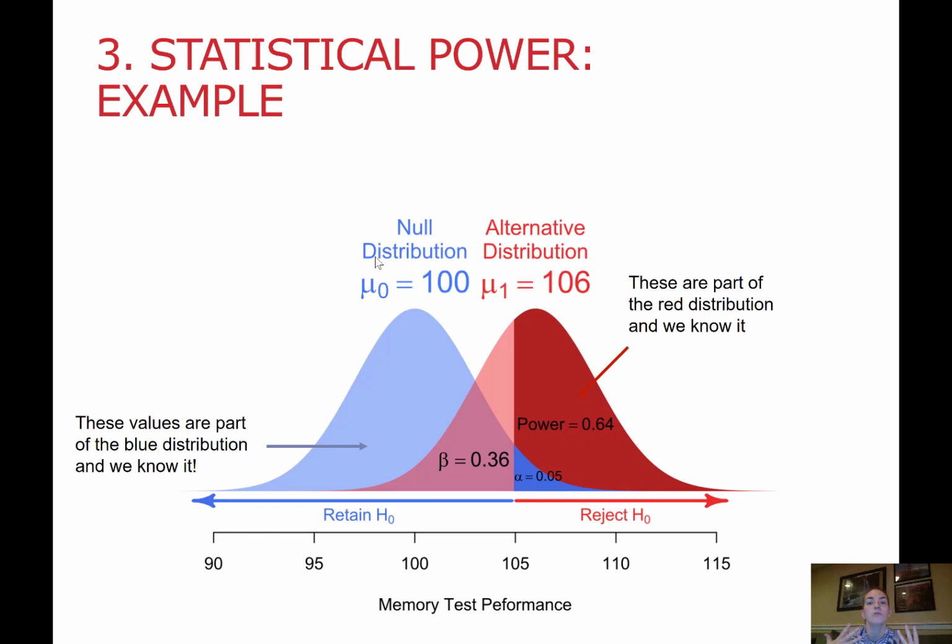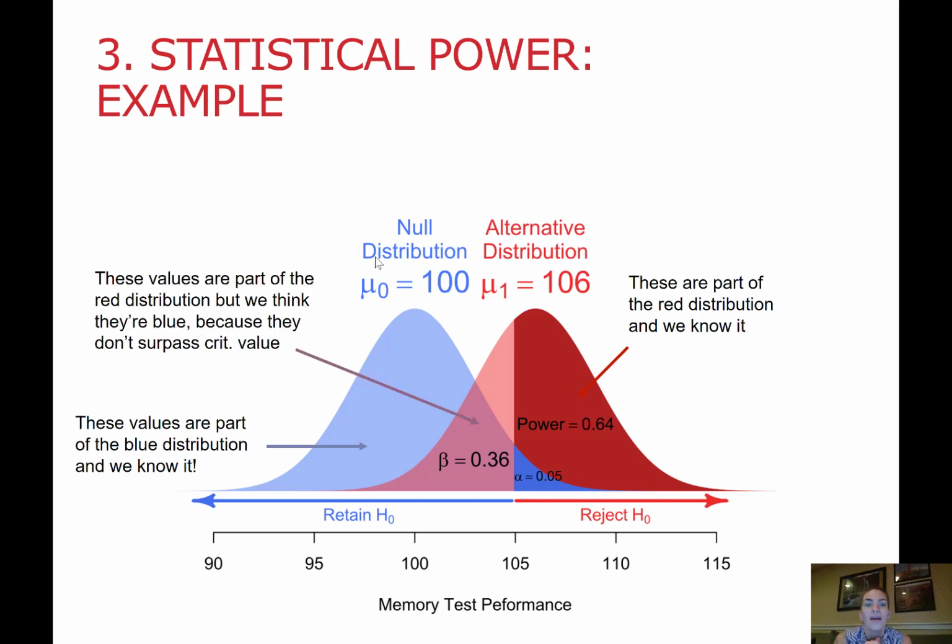However, because the distributions overlap, we're going to get some sample means that cannot be easily distinguished between population 1 and population 2, because they're values that could belong to either distribution. So these values are part of the red distribution.